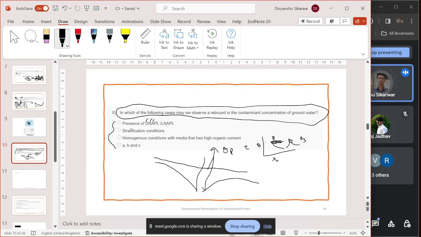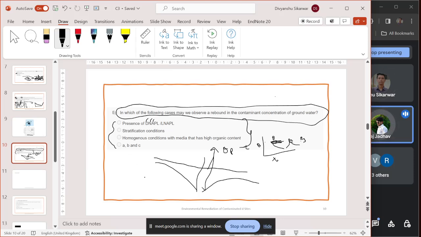These are the three reasons which are given. So out of these three reasons, in which conditions will there be a rebound in contaminant concentration? This is the question I'm trying to ask. So you try to answer that, which condition is most probable.